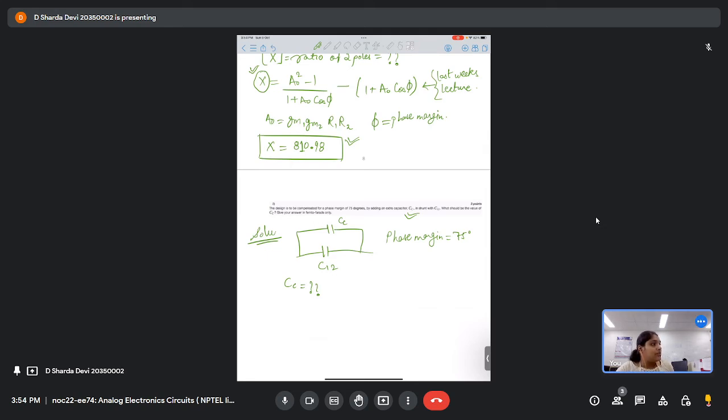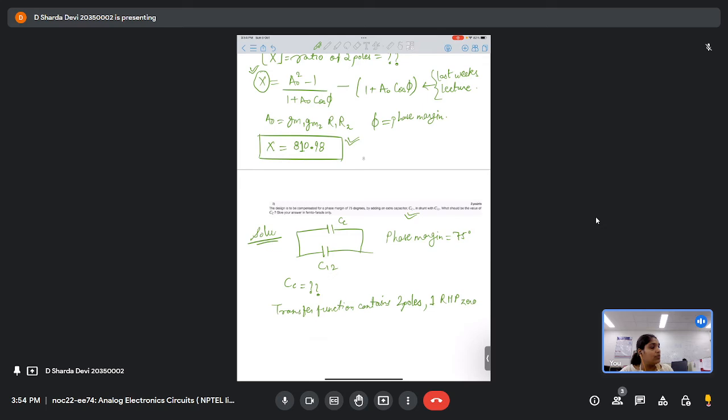So for this question, we know that the transfer function contains two poles and one RHP zero, right half plane zero, from the short circuit currents.